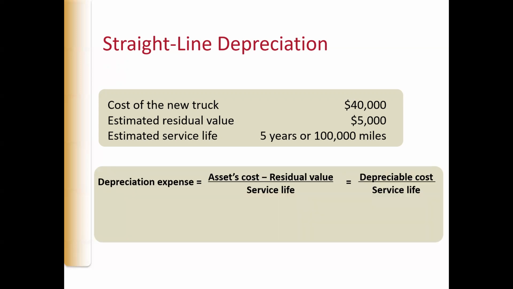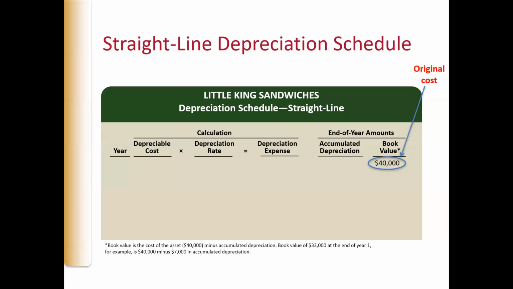When we use the straight line method, we take the cost of the asset minus the residual value, divide it by its estimated useful life. So 35,000 divided by 5 years is 7,000 per year.